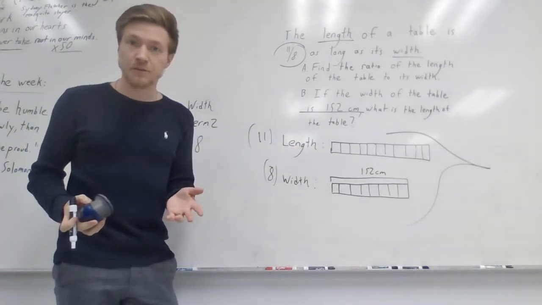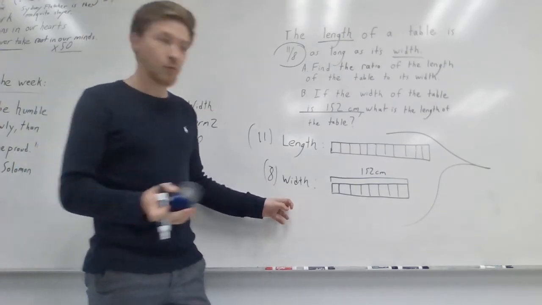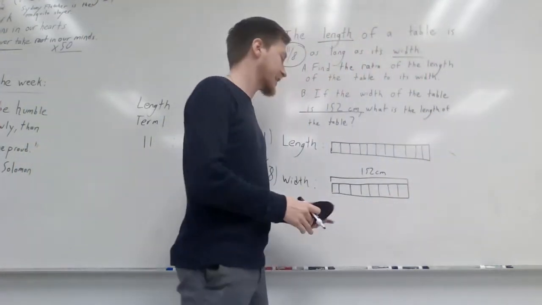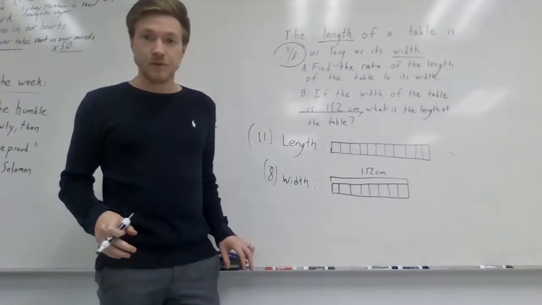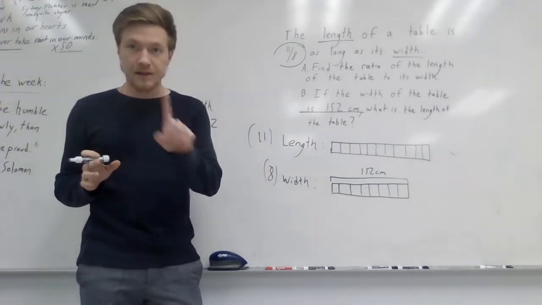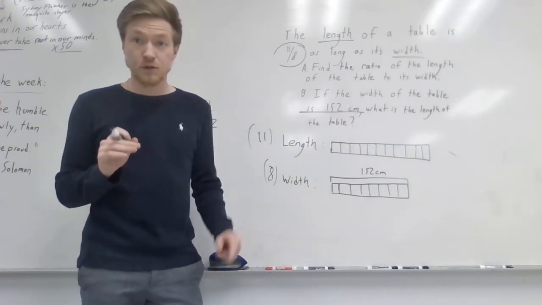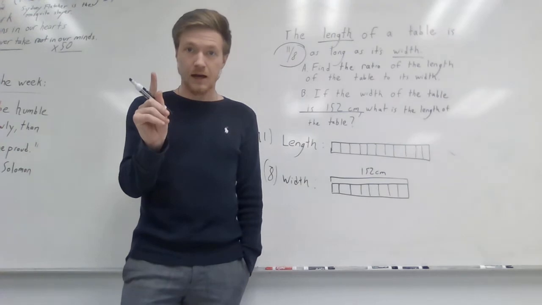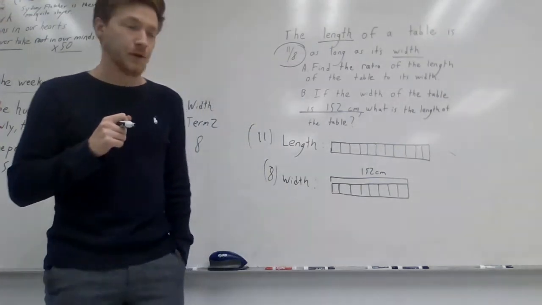But since our word problem says that it only pertains to the width, we know that it isn't the total of the problem, but instead it's just the total of this bar. Now, every box in a bar model is the same as every other box. So if I'm able to find the value of one box, I'm able to find the value of all of them. To do this, here's what we would do.